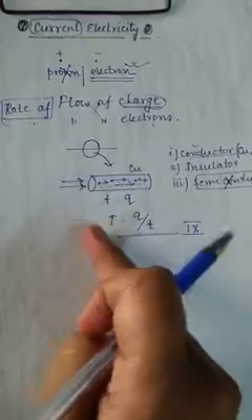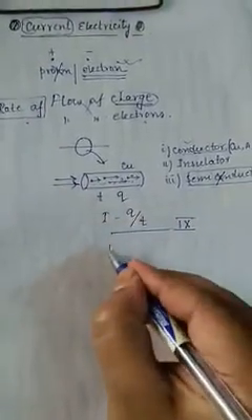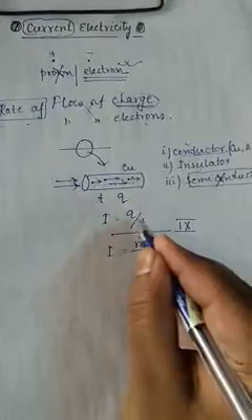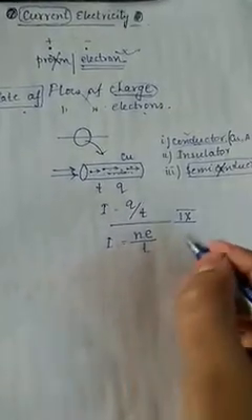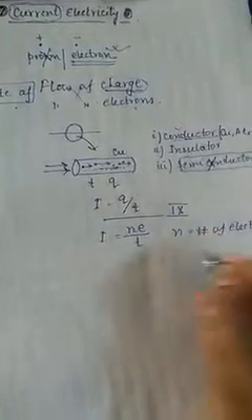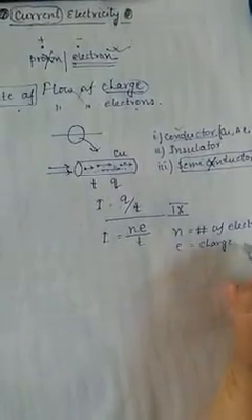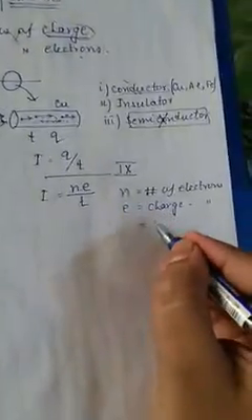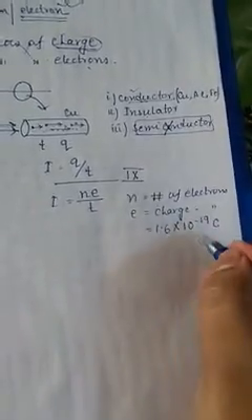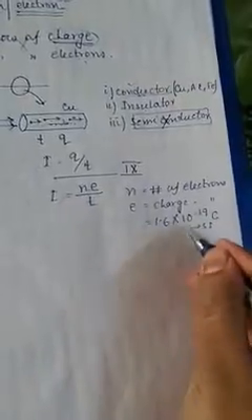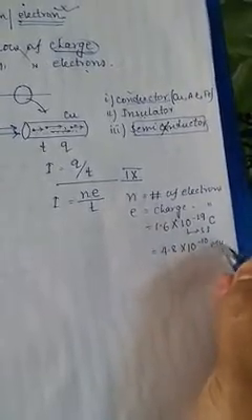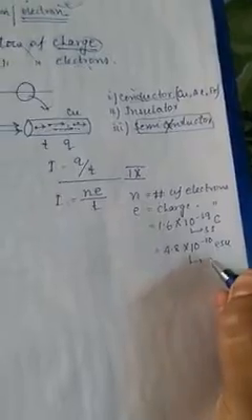Here is another formula you can remember: I equal to n into e by t, where Q equal to n into e, where n is the number of electrons and e is the charge of an electron. The charge of an electron is 1.6 into 10 to the power minus 19 coulomb in SI, and in CGS it is 4.8 into 10 to the power minus 10 ESU, the electrostatic unit, which is the CGS unit.